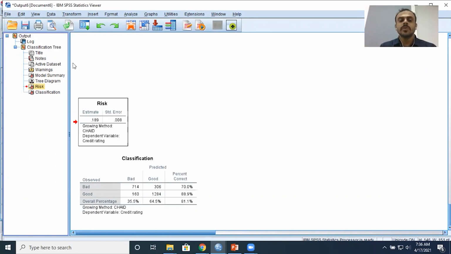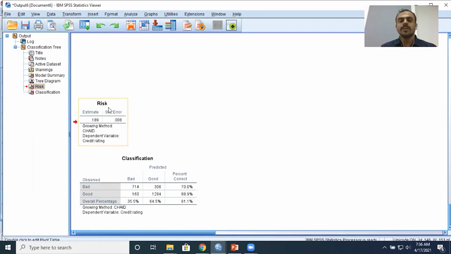So you should always look at two metrics here. One is what is the risk of misclassifying an individual. Here the estimate is 0.189, right? Which means roughly 18%. If you round it off, it becomes 19. Roughly there is a 19% probability that you misclassify an individual, right? Question is, do you want to take this?